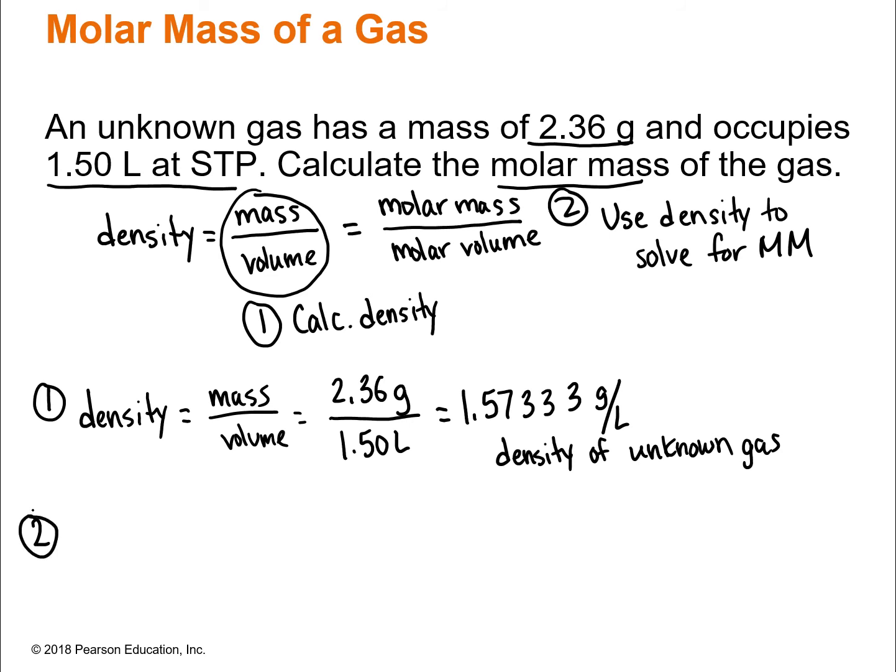Now we're going to use that density to solve for the molar mass. This time, we can put in 22.4 as our volume because we're solving for the molar mass. And molar mass over molar volume gives us the density as well.